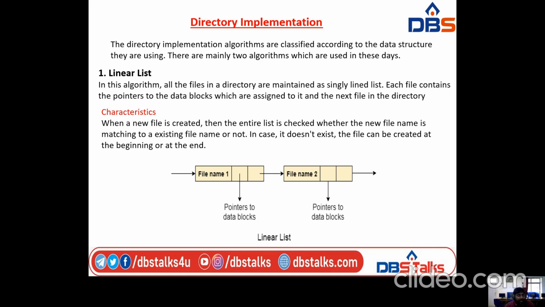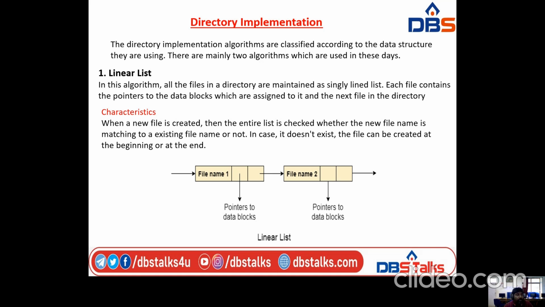When a new file is created, the entire list is checked to see whether the new file name matches an existing file name or not. Generally, in a directory we can't keep two same file names. So if you are creating one file, first we have to check whether that file name is already there or not.